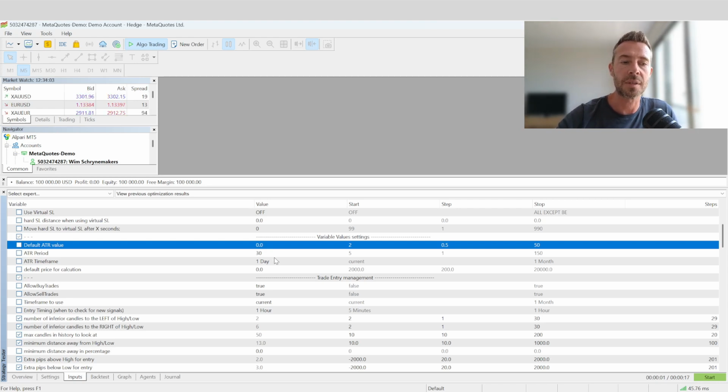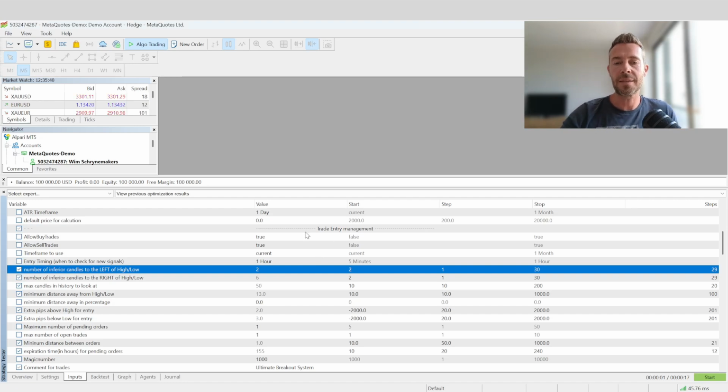So when gold was 1,000, the average move a day was maybe like 100 pips. But now at 3,000, it's almost 3 times more. It's 3 times as big, the moves. So we want our values, our stop loss values, take profit values, entry values to automatically adjust to the actual price of gold. And that you can do with these values.